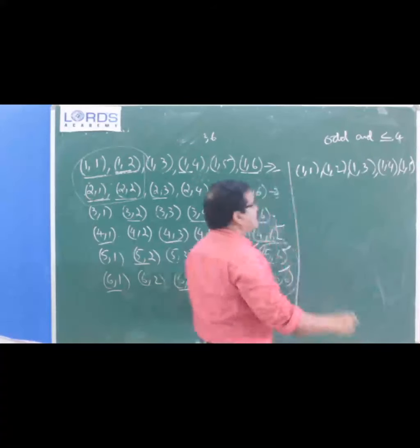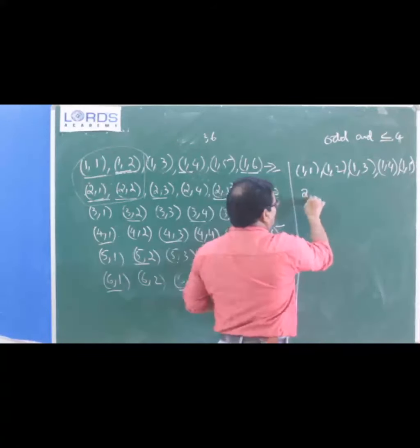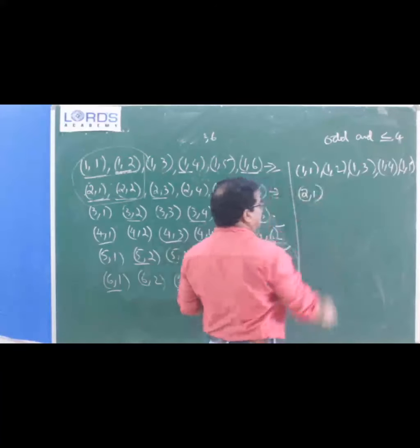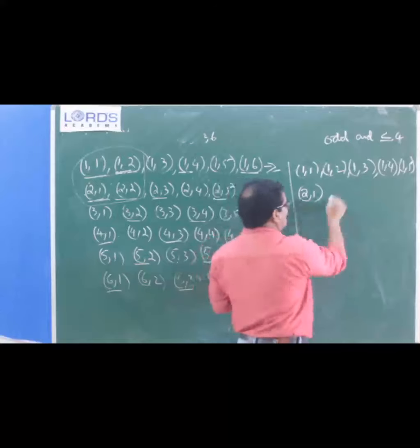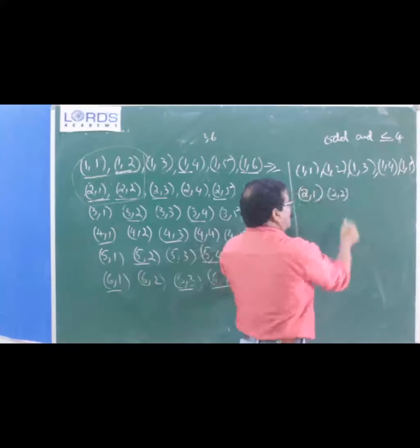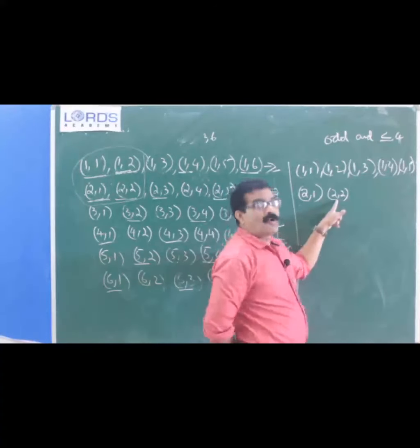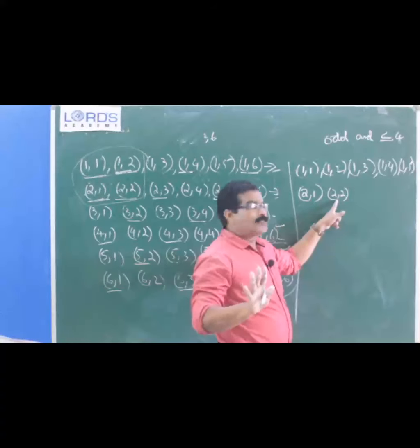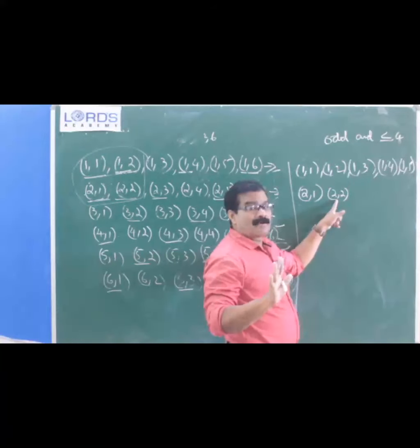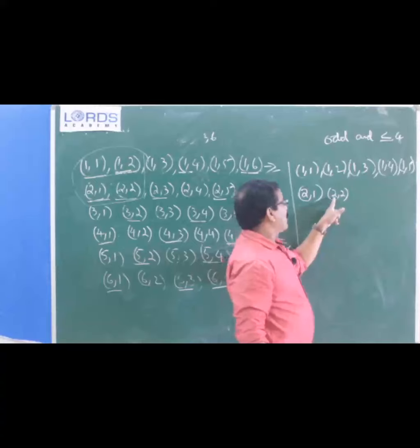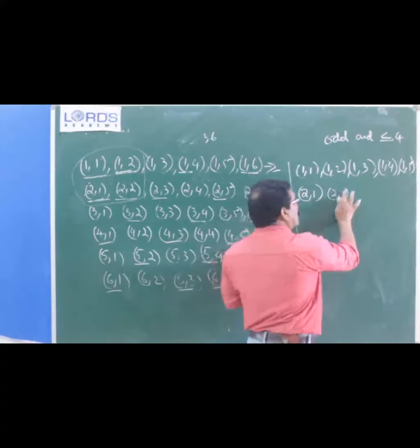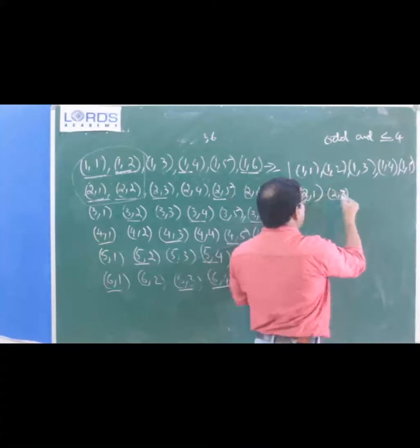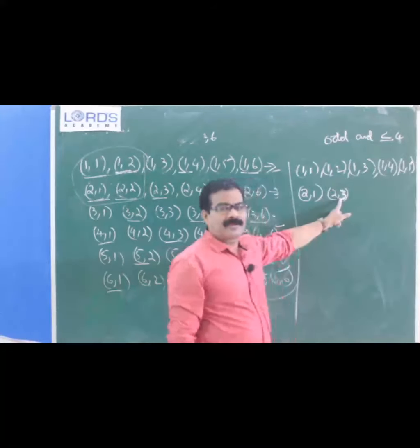See the next one, 2 1. Then what about 2 2? What happened? There is no odd number there, so do not take 2 2. 2 3 you can take.